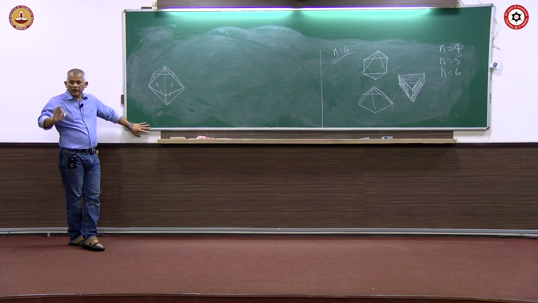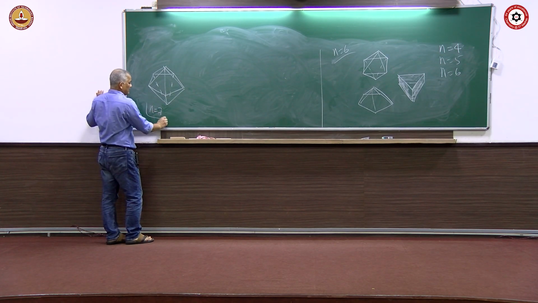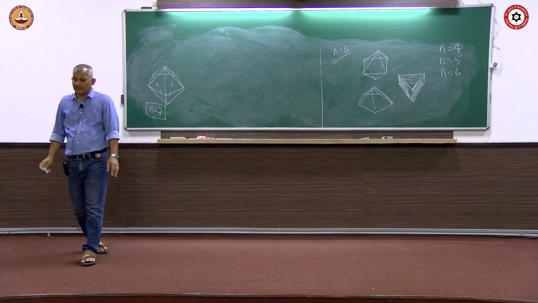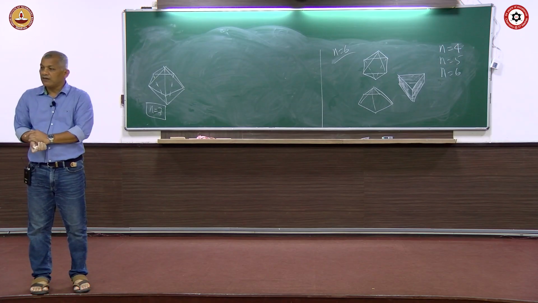Okay, I will not go beyond that. N equal to 8. So these are all very common when you talk about transition metal complexes.